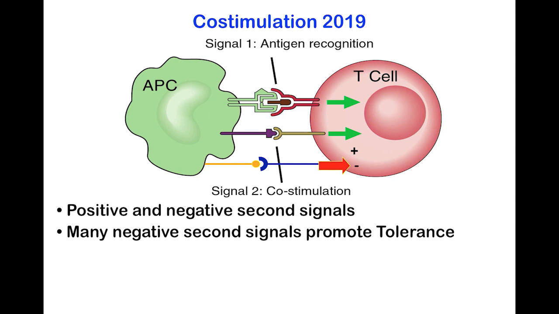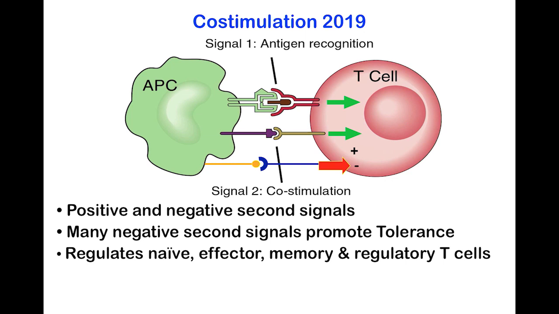And while this model for T cell activation was initially proposed to explain how a naive T cell would become activated, we now appreciate that these positive and negative second signals not only regulate naive T cells, but can control T cells throughout their life history.